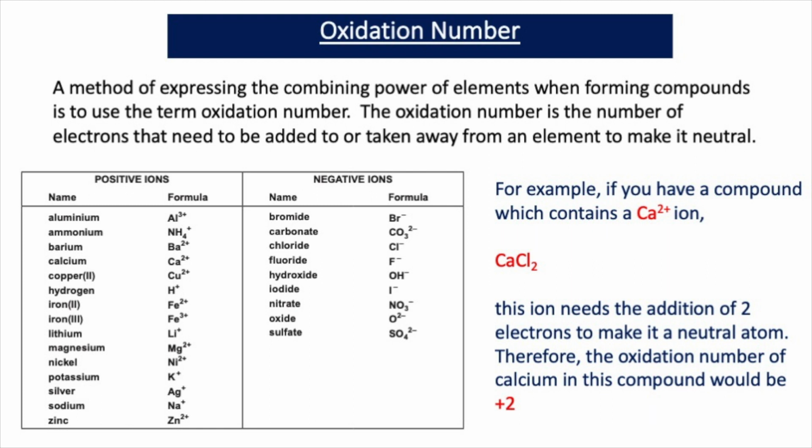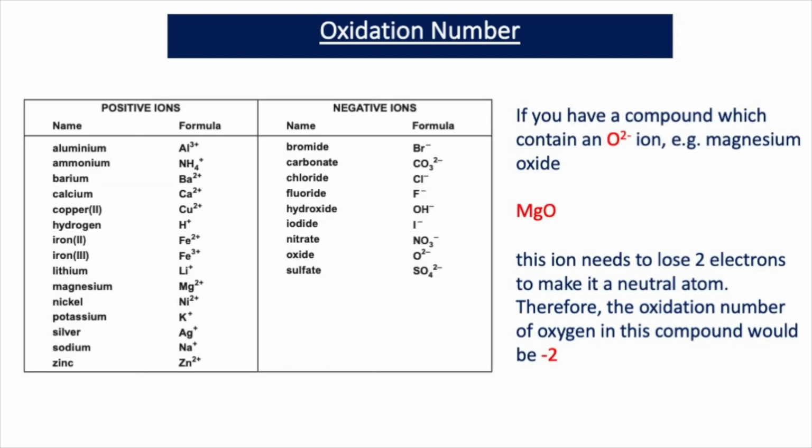Once again, when writing the oxidation number, the value of the oxidation number is the same as the charge, except that we write the positive charge first. So instead of it being Al3+, the oxidation number for the Al3+ ion is +3. I put the positive charge first.